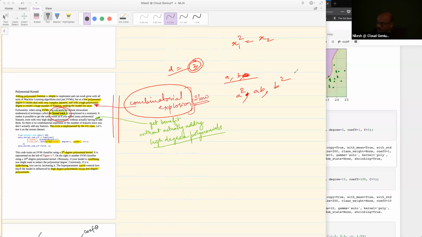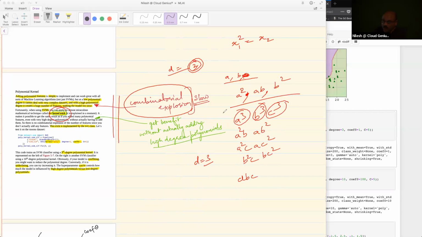Add more to it, and you come up with A cube, B cube, C cube. Then you have A square B, AB square, A square C, AC square, B square C, BC square. Then you have A, B, C, and then the 3 at a time, 2 at a time. So the combinations that we are dealing with keep growing as long as you keep the degree equal to 3. The number of different terms that create your polynomial expression to evaluate will explode.